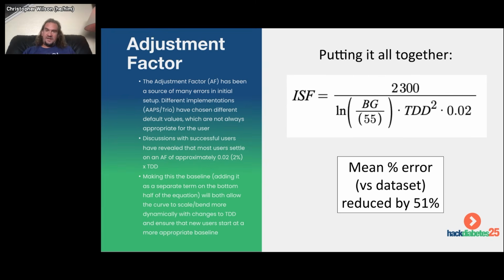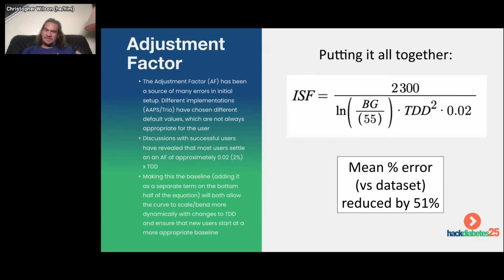So if we put everything together, this would be the new equation that would be used. Obviously, the 55 there is the half-life of the insulin that's assumed, 55 minutes. And it winds up, it would be total daily dose and then total daily dose times 0.02.